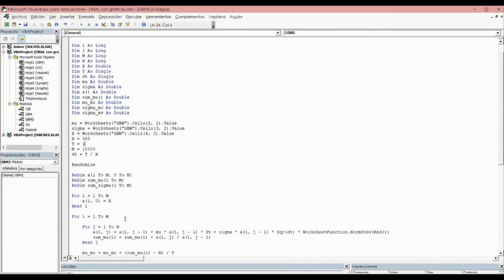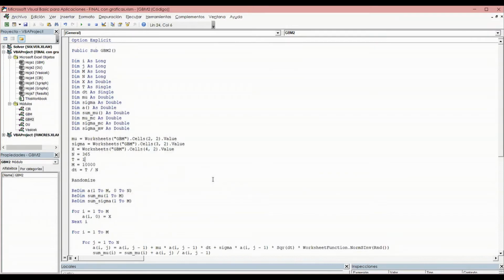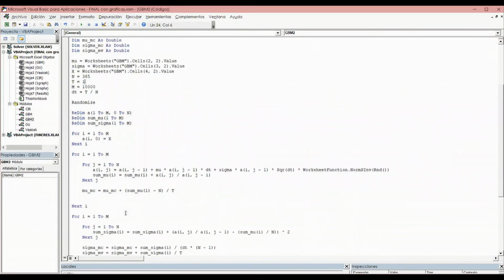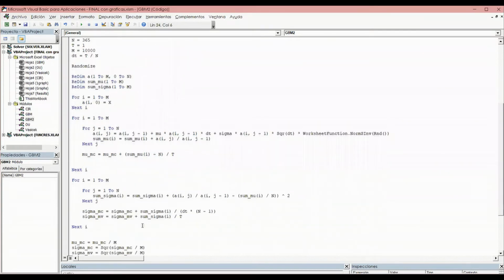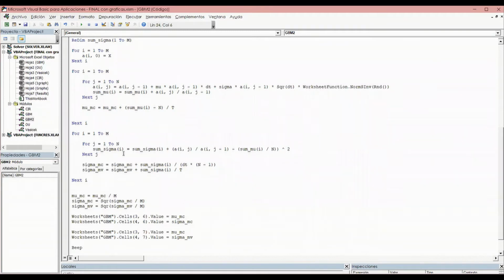Then, we calculate an average of the values of the parameter for each trajectory and print it in the Excel sheet. Here we can see the one for the geometric Brownian motion, which calculates here the mu and the sigma, and then prints it in the sheet.